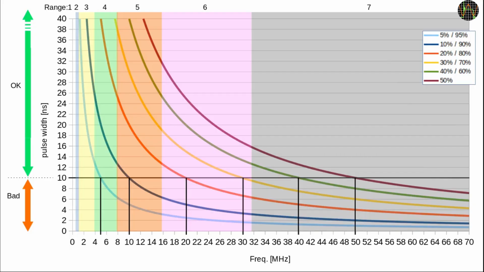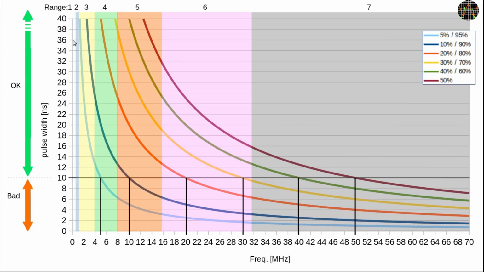In the new firmware, only the really low frequencies of 100K and below are not using the prescaler and are therefore still affected by the 120 nanoseconds pulse width limit. This is this tiny sliver here, labeled range 1. But even in this frequency range, it will tolerate duty cycles down to less than 2% or more than 98%, which is plenty good enough in my book.